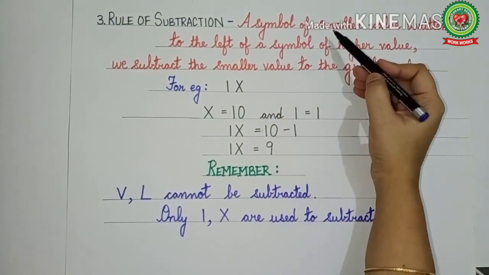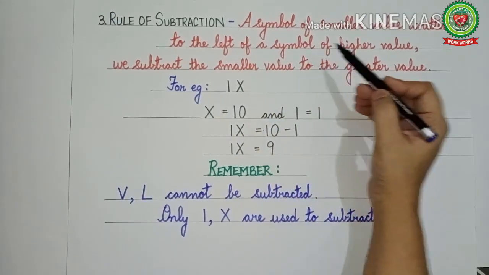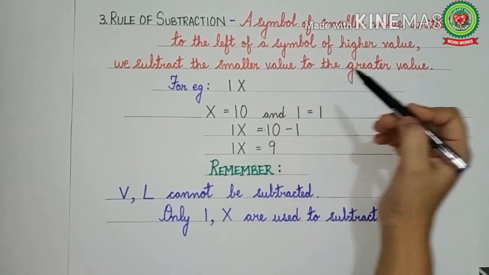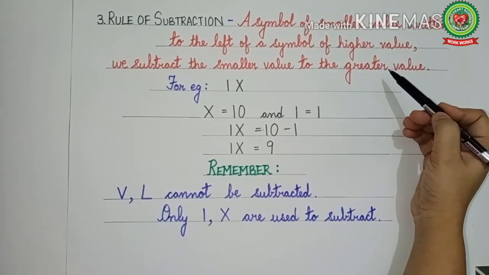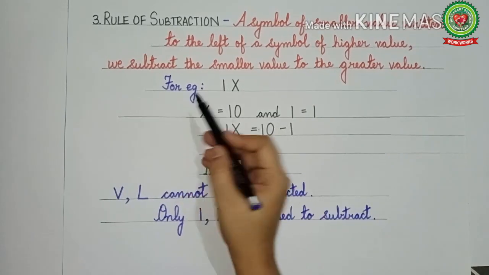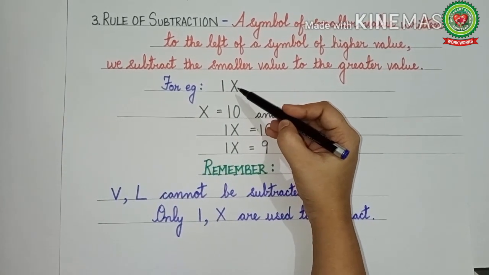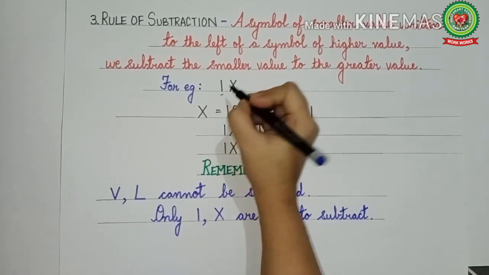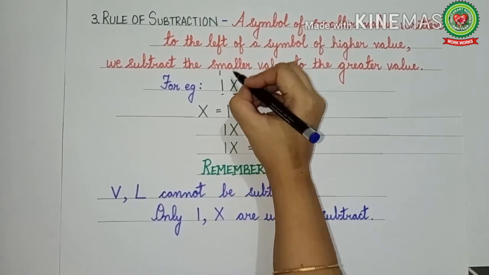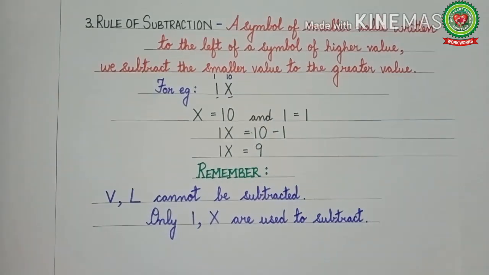Now the next rule is the rule of subtraction. When a symbol of smaller value is written to the left of a symbol of higher value, we subtract the smaller value from the greater value. Let me explain. For example, IX. Now kids, we know I means 1. What is X? X means 10.